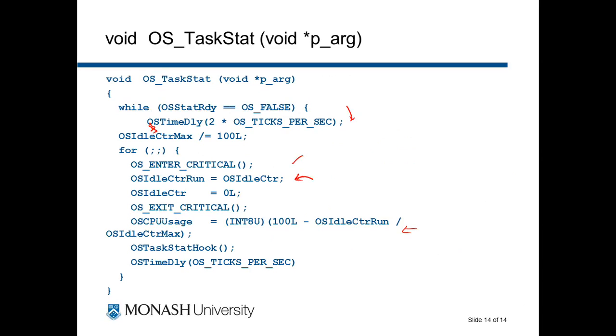Note that another slight advantage of pre-computing your idle counter max is you can do it outside of this loop. By doing that, then you don't have to compute it inside. That saves a few CPU cycles. Standard code optimization, the kind of thing that you should be familiar with when you're writing any code.